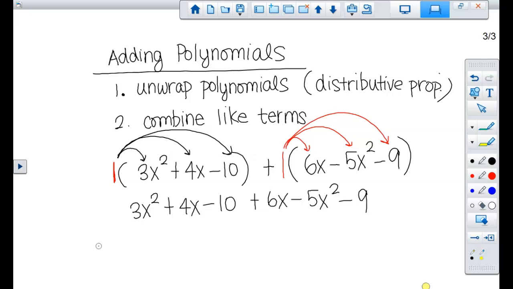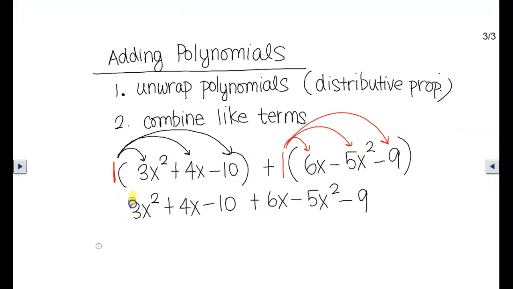Now the second step is to combine like terms. The like terms are the ones that have the same variable raised to the same power. So we're going to combine those. So I'm going to start out here at the beginning of my problem with 3x squared. So that has the variable x raised to the second power. When I look at all of the other terms up here, I see that again here with negative 5x squared.